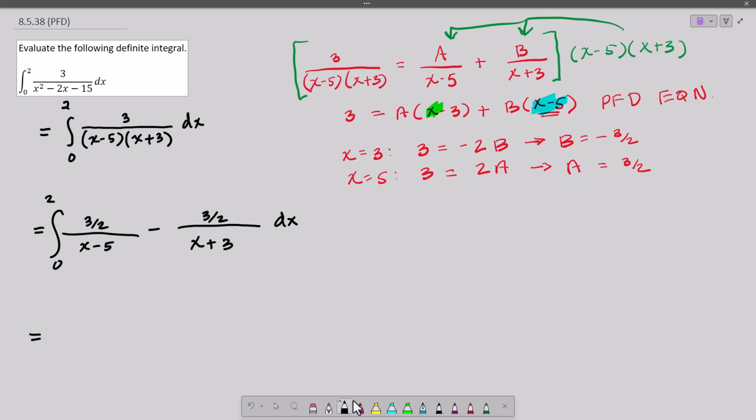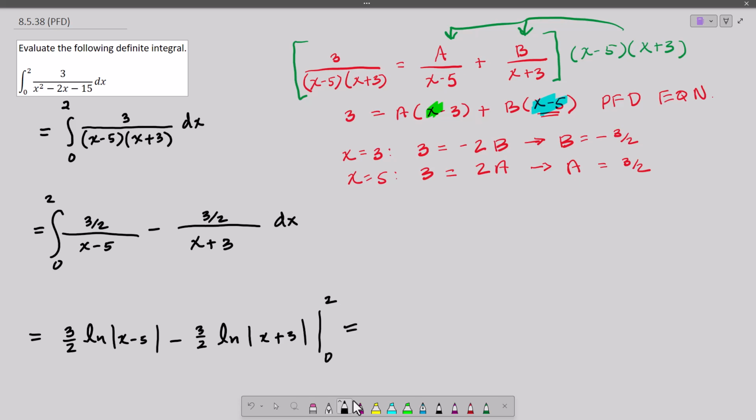These are in log form. The integral of 1 over x minus 5 is the natural log of the absolute value of x minus 5. So we are going to end up with this constant, natural log absolute x minus 5, minus 3/2 natural log absolute x plus 3. This is a definite integral going from 0 to 2, so we'll have to calculate that.